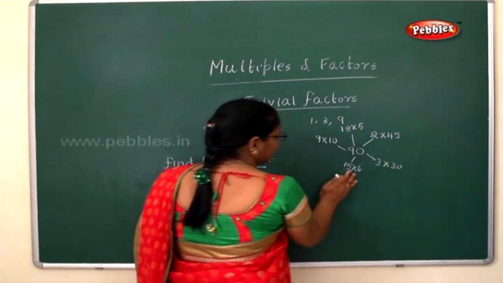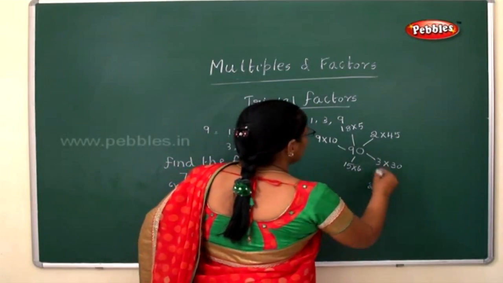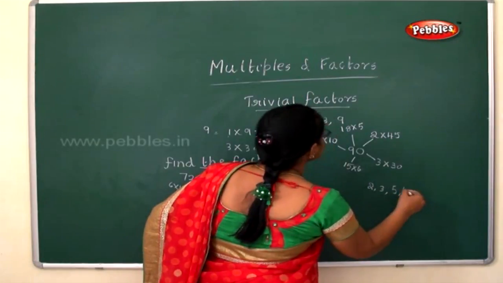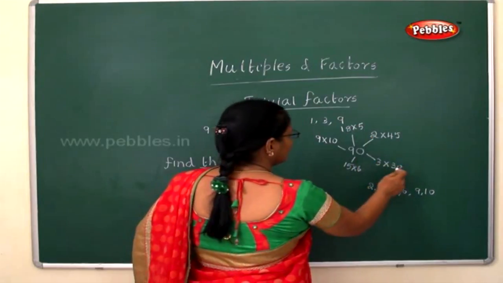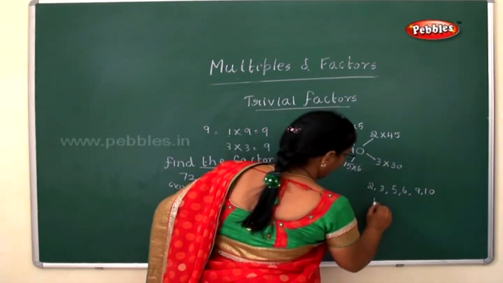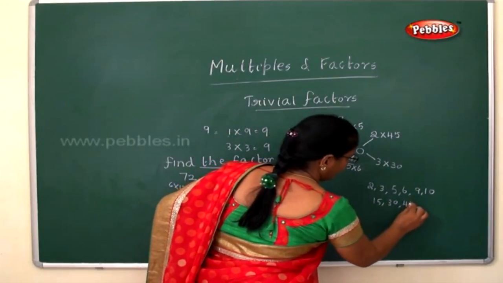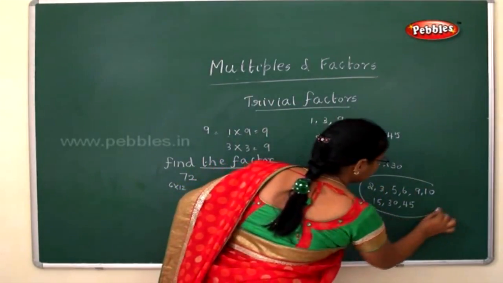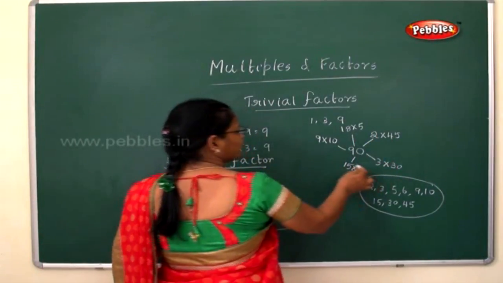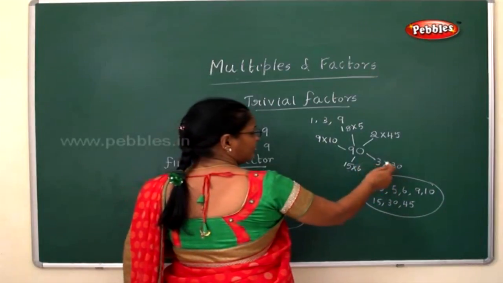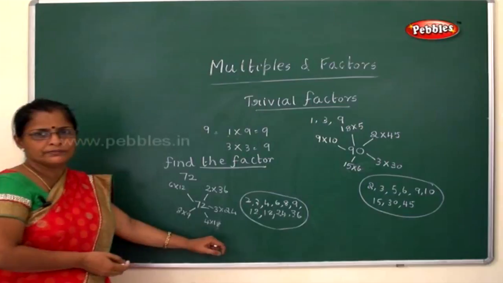Now what will you write for the factors? 2, 3, 5, 6, 9, 10, 15, 30 and 45. So these are the factors of number 90. For 90, write all the multiples and the numbers which are the factors of 90.